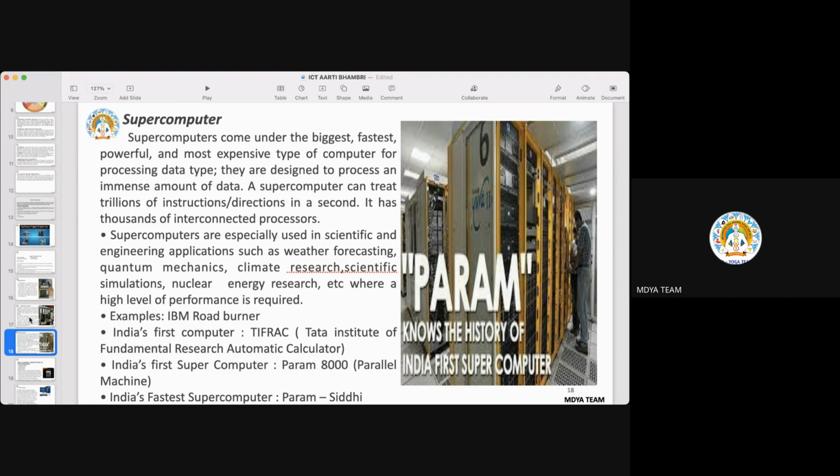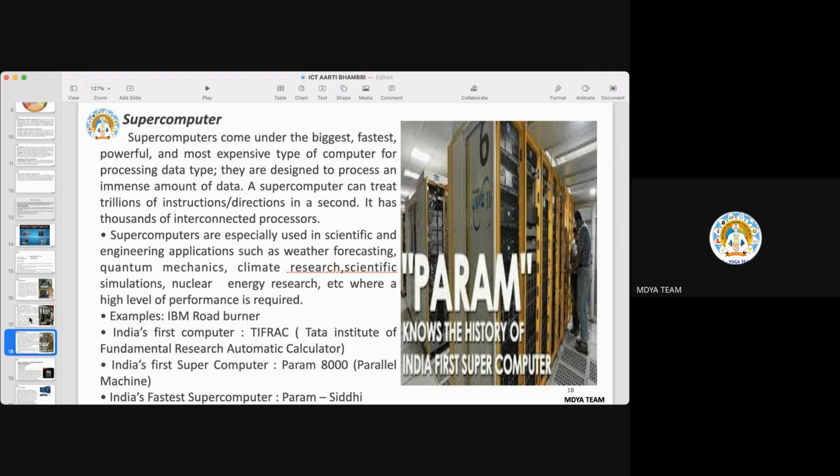A supercomputer can handle, for example, trillions of instructions per second, because it does not have a single CPU, it has thousands of interconnected processors.